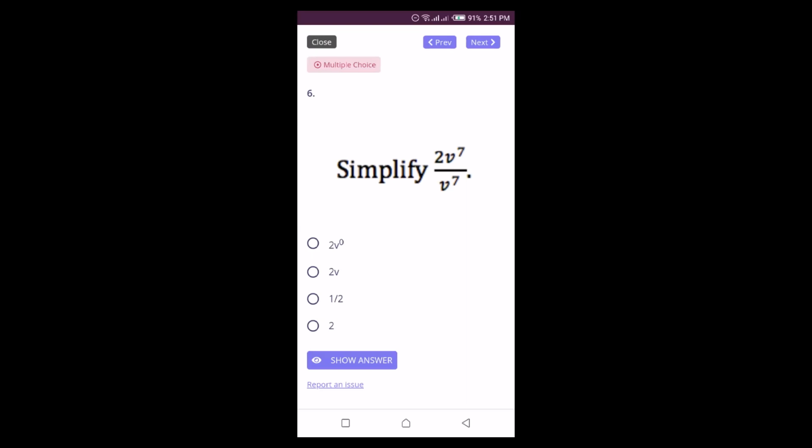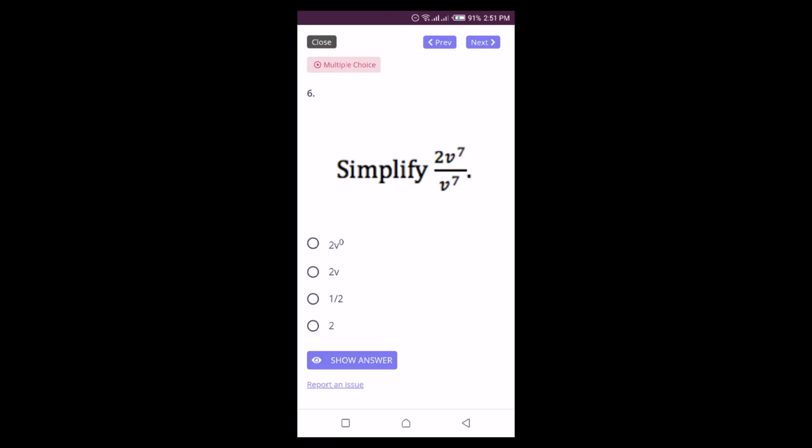Just write the question and try to solve what the answer of that question should be. Is the answer 2? Exactly, it's 2.